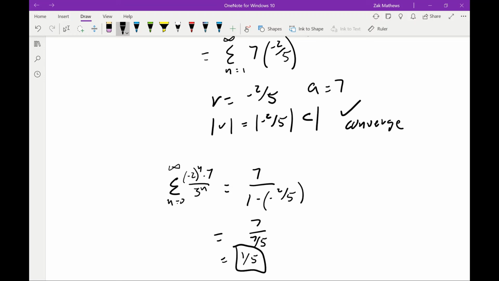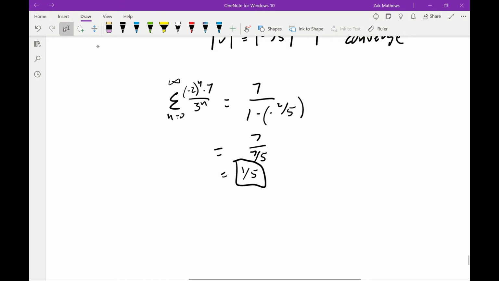That is going to be equal to our sum. So we can actually find the sum for this one because it does converge. That is what our series is equal to. We know exactly what it converges to.